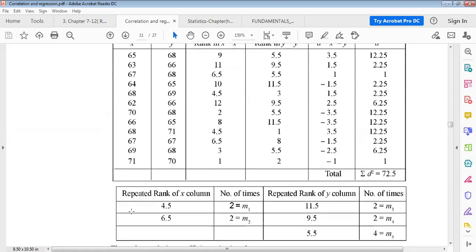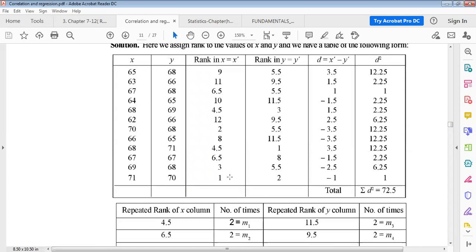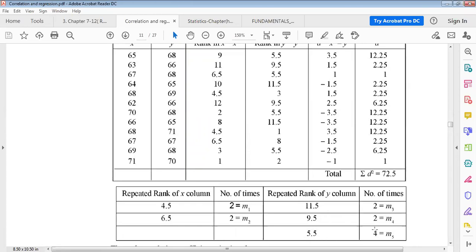That means we get repeated ranks, 4.5 and 6.5, each occurring twice in the X column. So for the repeated ranks of the Y column, this is M3, this is M4, and this is M5. Understand everybody?